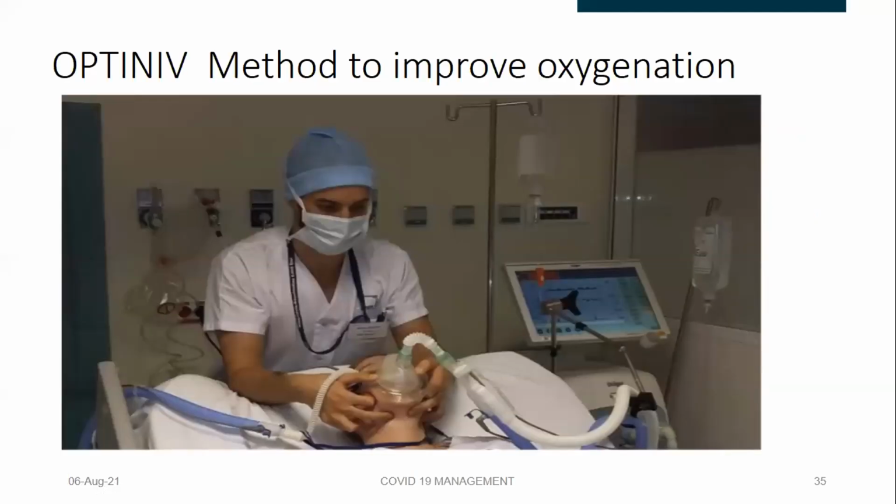Another way of optimizing NIV is to use what we call the Optiniv method. With Optiniv, you are using the Optiflow, which is the high flow nasal cannula. That is the tube coming from the left. And then you're also using NIV.